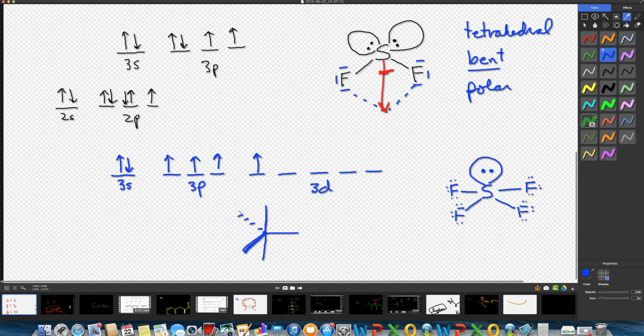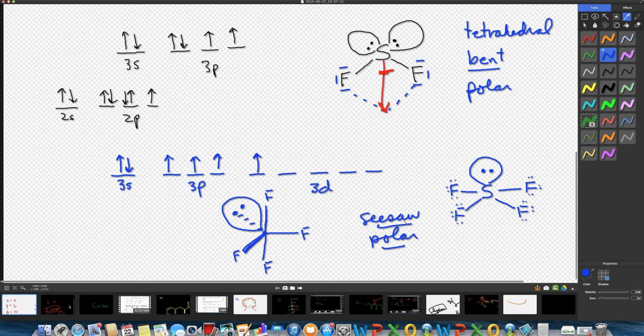And so one of these equatorial positions, if you will, is occupied by the lone pair. And here's the fulcrum of your seesaw. And here are the ends of the seesaw on which you would sit. So this is seesaw. It is polar.